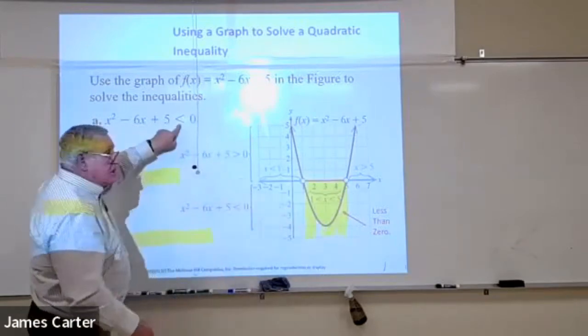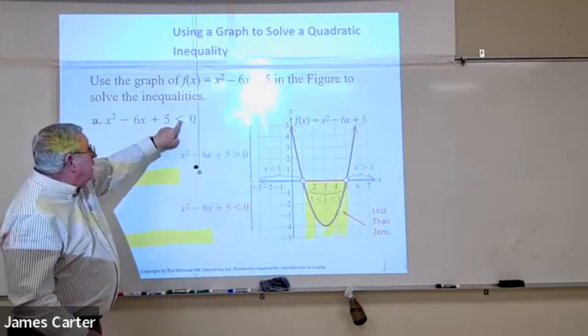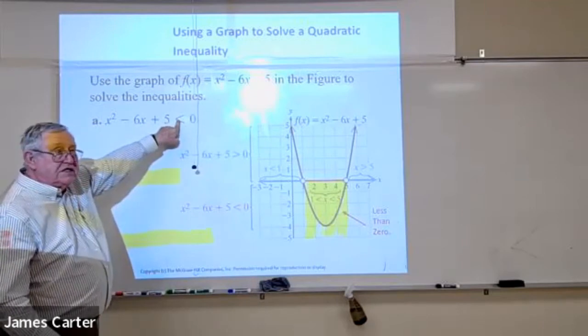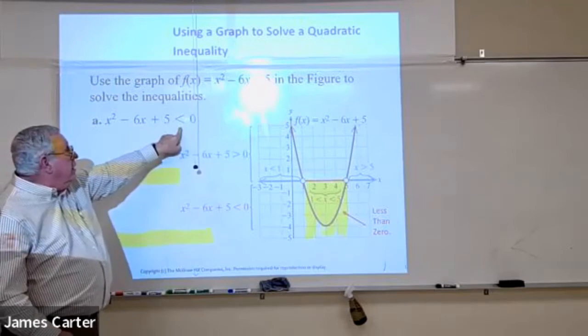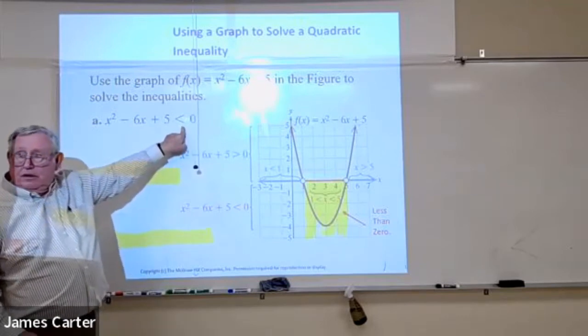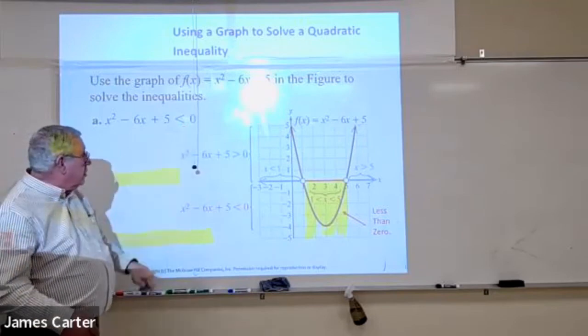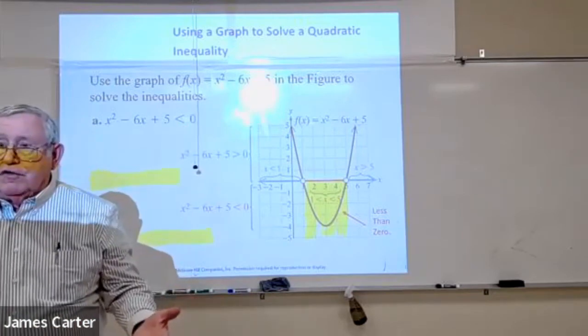That's what that means right there. What part of this shape is below the x-axis, and we don't include anything on the x-axis itself. If there were an equal there, then we would include the point on the x-axis. And your answer is ultimately going to be interval notation.